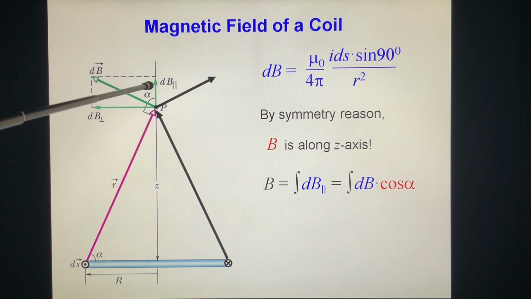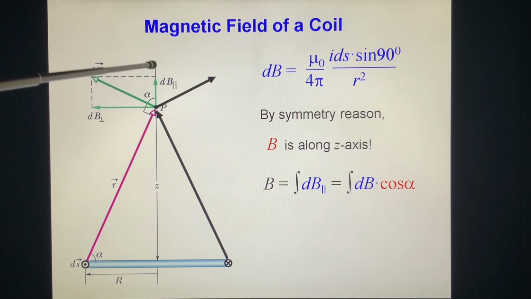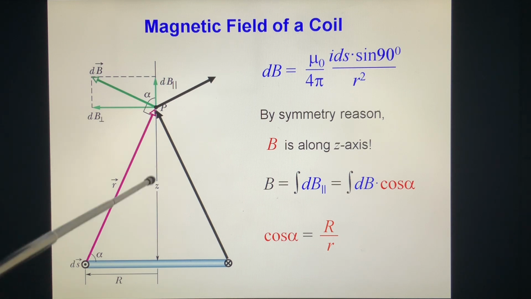This alpha equals this alpha, because this line is perpendicular to this line, and this line is perpendicular to this line. From this triangle, cosine alpha is big R over small r, and small r equals the square root of z squared plus R squared.